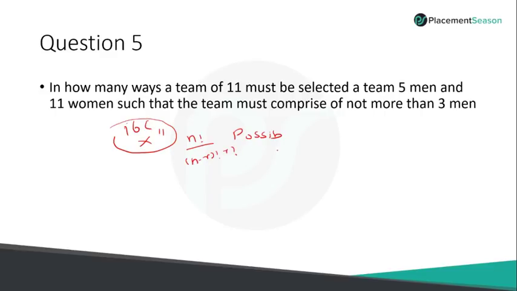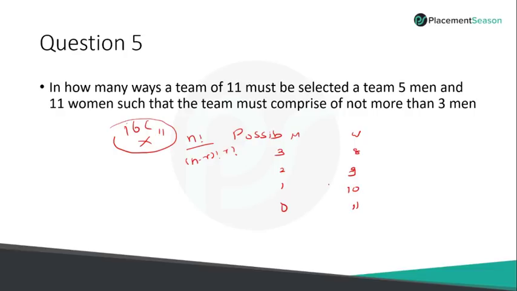So for the different possibilities, you can choose a maximum of 3 men and a minimum of 0. This is men, and the women should be 8, 9, 10 and 11. So these are the possible combinations: you can choose 3 men and 8 women, 2 men and 9 women, 1 man and 10 women.